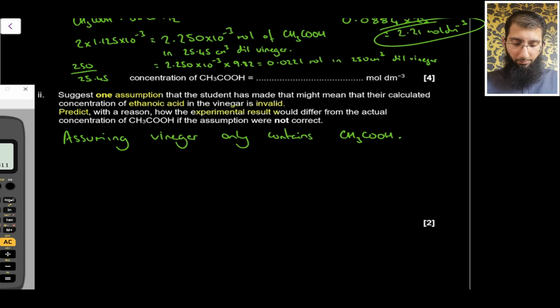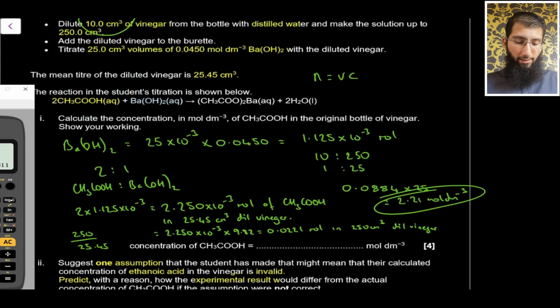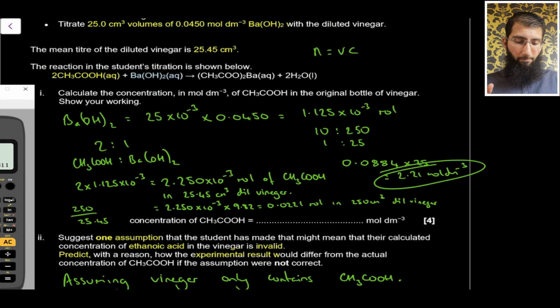Okay, so if we've assumed incorrectly that vinegar is made up of only one acid, ethanoic acid, and supposing that it contains more than one acid, then if we've got more acid, we're going to have more barium hydroxide reacting with this. If we've got more barium hydroxide reacting, then we've got more moles of acid to begin with, whatever the mixture of the acid is, ethanoic acid and anything else.